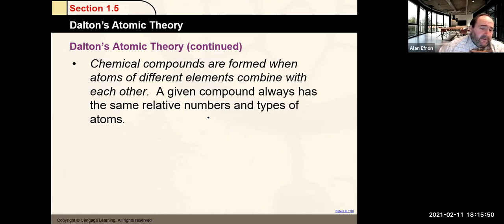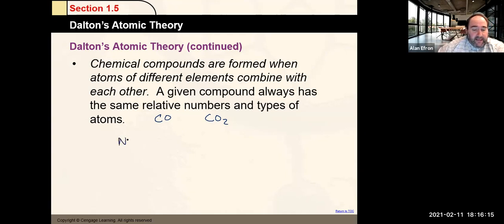You could get different compounds depending on the combination. So if you take a carbon and an oxygen atom, only one of them, you get something like carbon monoxide. Take a carbon and two oxygen atoms, you get something like carbon dioxide. Again, they have very different properties, but they're still ultimately made up of the same two elements.